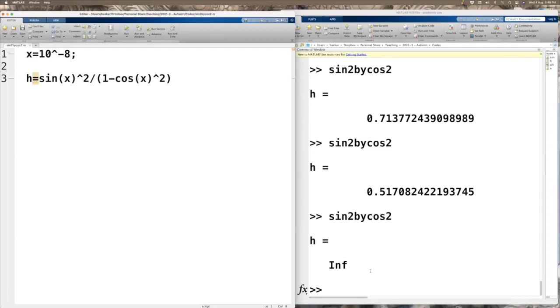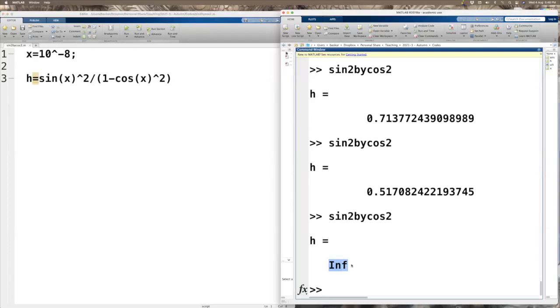So the denominator became 0, and therefore it declared the value of h as infinity. So you can see that I have a pretty latest computer, and you can see how much it struggles to evaluate this small function as we go very close to 0.